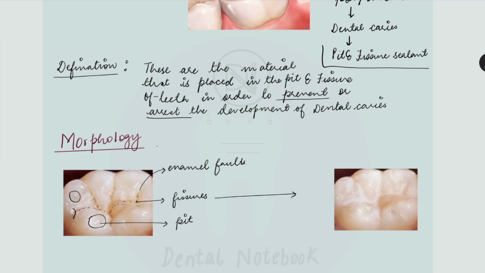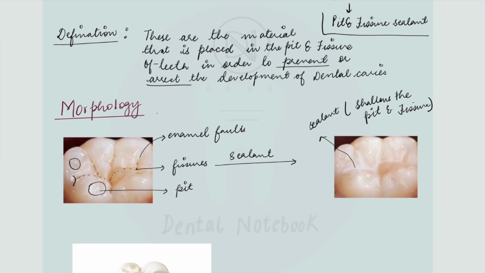Now we have applied a sealant to it, and the surface has become shallow. This is your sealant. So it shallows the pit and fissure. Therefore, there is no more accumulation of food and bacteria and the tooth is prevented from dental caries.